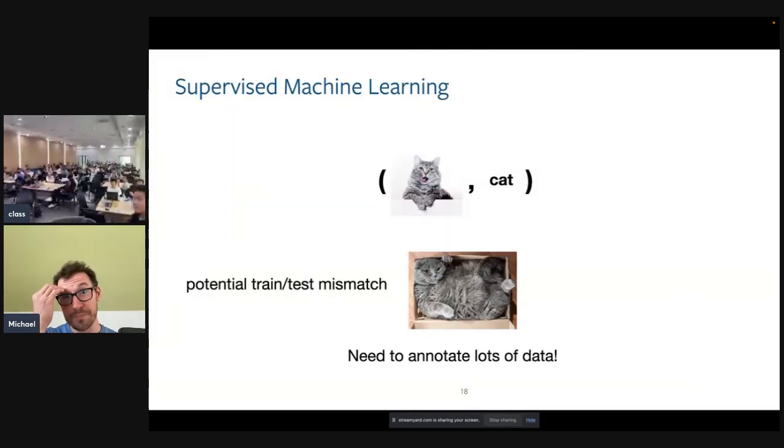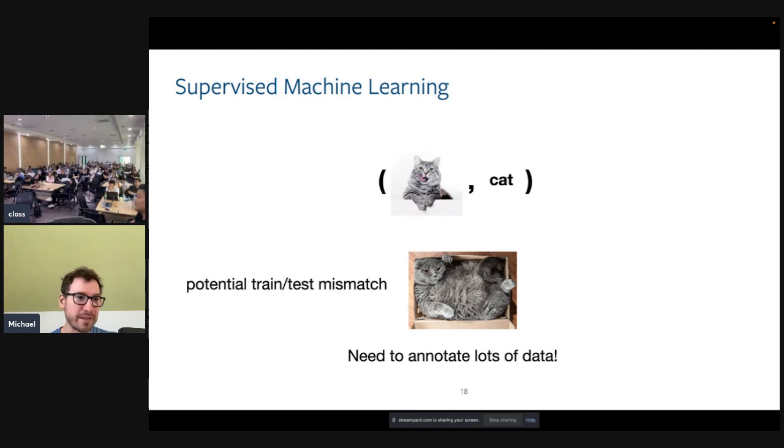Traditionally, people trained machine learning systems, or even speech systems, using supervised learning. And supervised learning is based on having lots of input-output examples. So for example, if you want to learn what a cat looks like, we might have an example of this first picture on the top and the label cat.